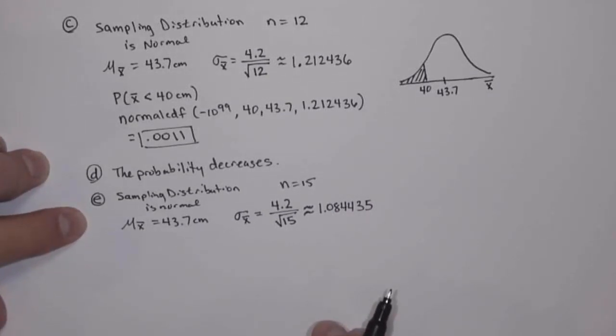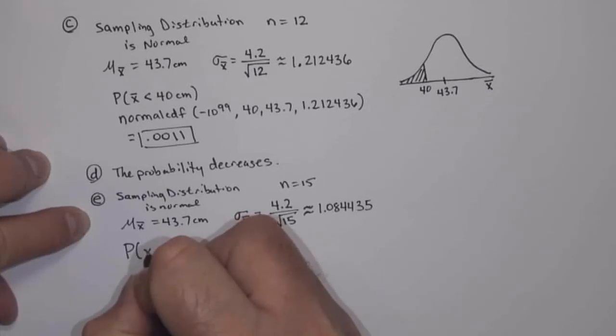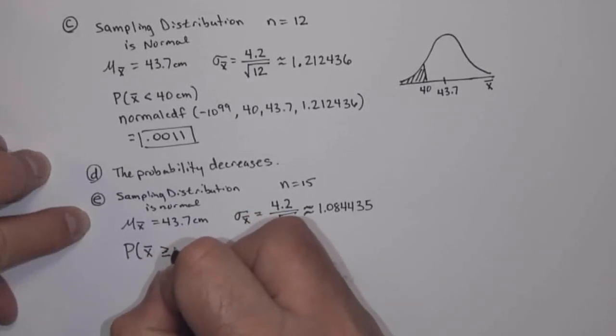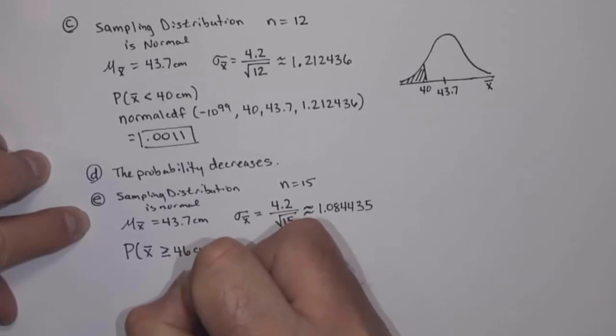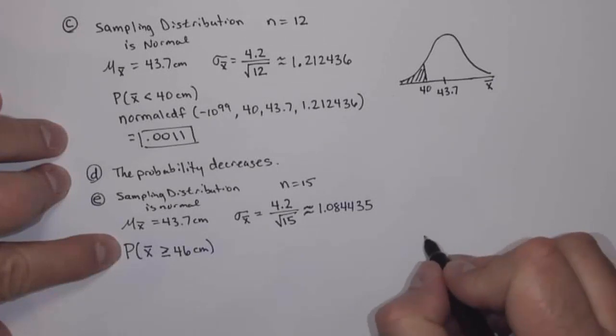And so our question was, if we got an upper leg length of 46 centimeters, would we find this result to be unusual? Well, if we find the probability of our upper leg length being 46 centimeters or bigger, we can see if that is less than 5%.